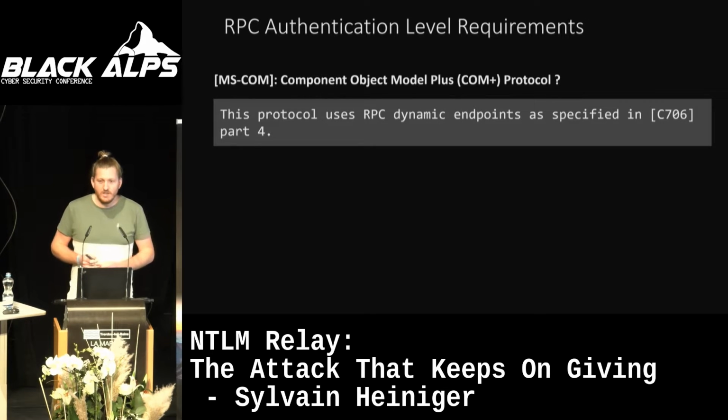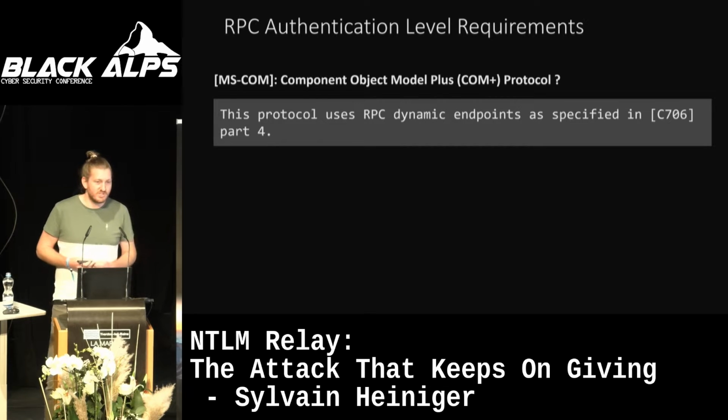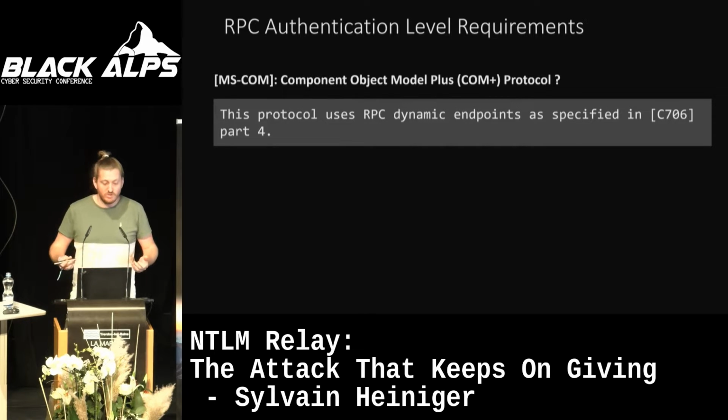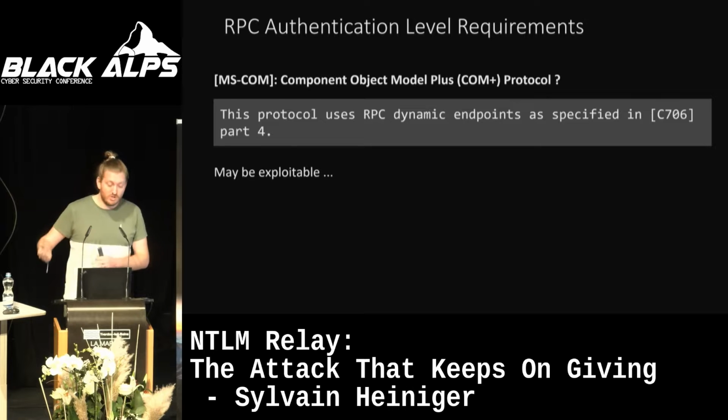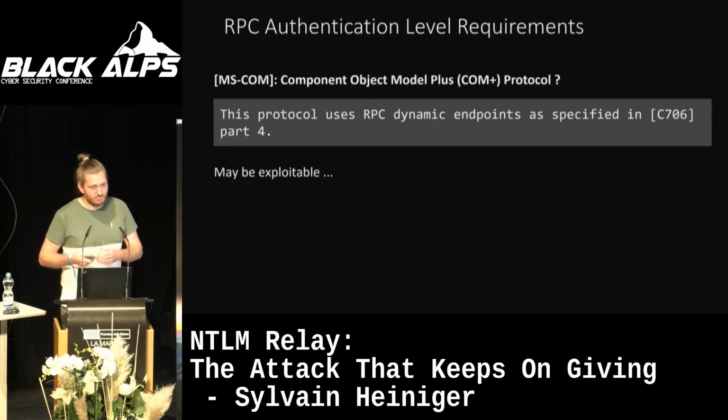And here, it's not as clear as the two previous examples. We don't have anything in the documentation that allows you to know whether it's requiring a secure authentication level or not. So maybe, and I tried to write a POC for that, but it was a bit complicated because to be able to use the COM interfaces, you need to use a protocol over COM afterwards, and this means over RPC you have to re-authenticate, so I had to relay twice to the same interface with the same user.